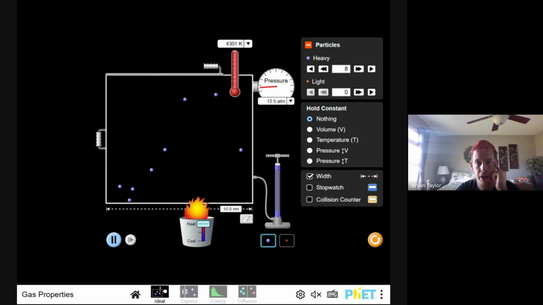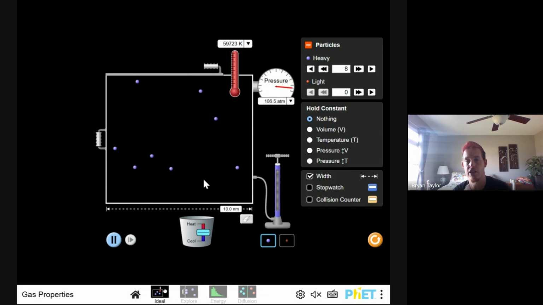Kinetic means motion, and you can see as I'm heating this up, the particles are going faster and faster. So you're seeing that it has nothing to do with hot and cold. It's literally speed. And you can see it is flying because I'm at 59,000 degrees.